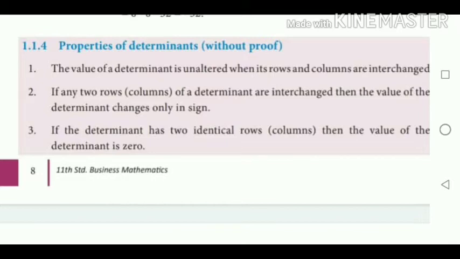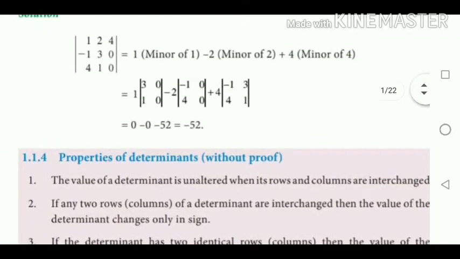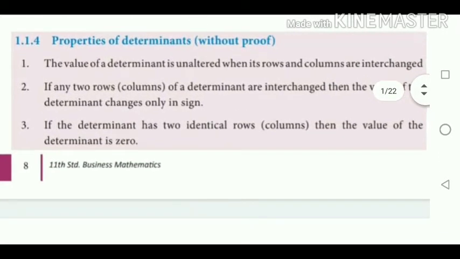If you change like this, the value of the determinant does not change. In the above question we found the value minus 52, so that value is not changed. That is the meaning of the first property.